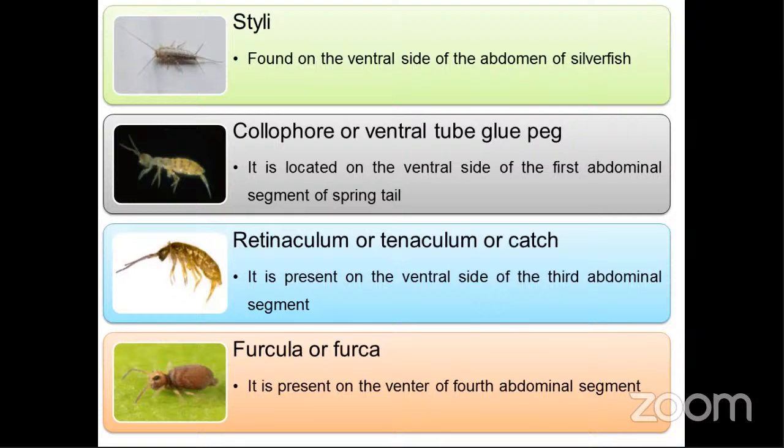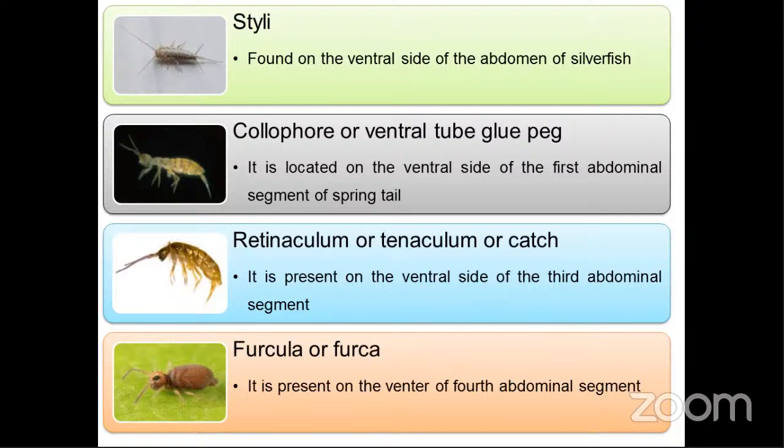The furcula we can also call the furca. In Collembola only 6 abdominal segments are there. The first abdominal segment is modified as the collophore, or ventral tube. The third abdominal segment bears the retinaculum, or tenaculum.